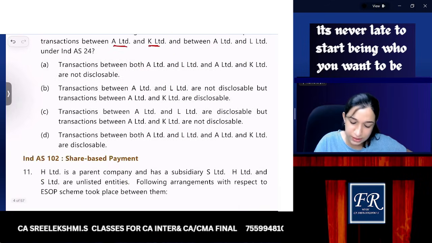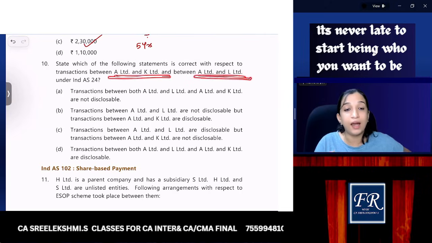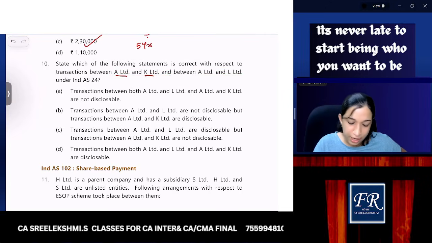What is the question? State which of the following statements is correct with respect to transactions between A and K and transactions between A and L under Ind AS 24. Transactions between both A and L and A and K are not disclosable. It is wrong. It is disclosable because it is related party transactions.